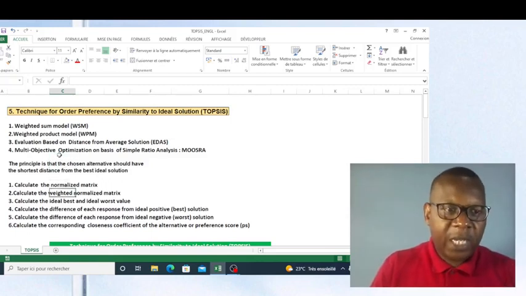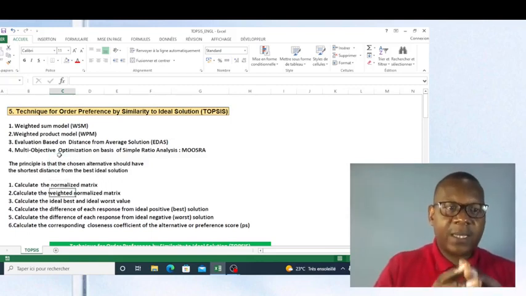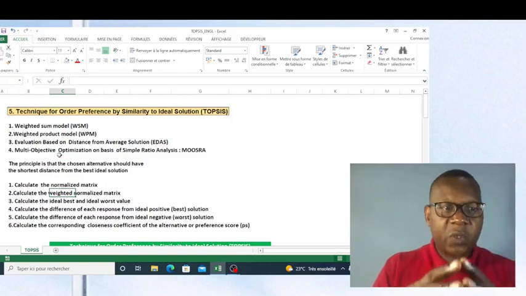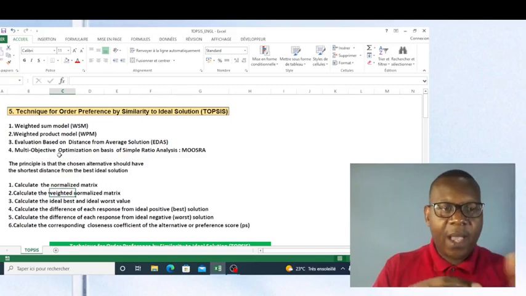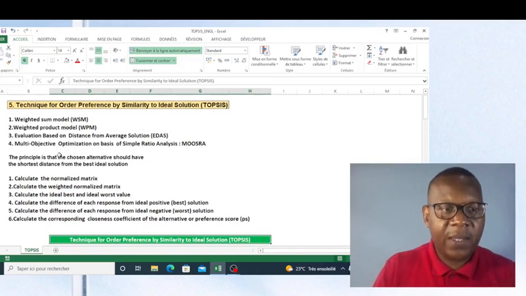The principle of this method is that the chosen alternative should have the shortest distance from the ideal best solution. There are many steps that you have to perform. You calculate the normalized matrix, and then the weighted normalized matrix.